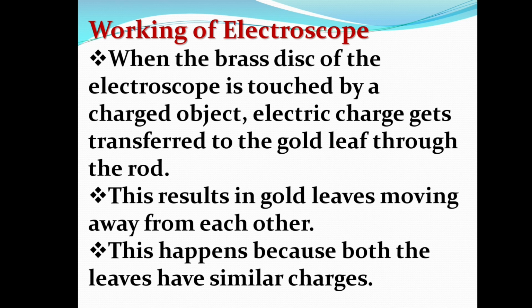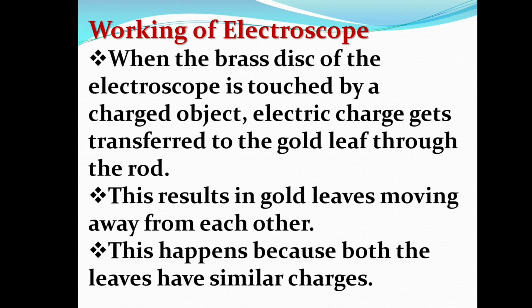So what is the working of the electroscope? When a charged object is brought near the brass disc and the electroscope is touched by that charged object, the electric charges get transferred to the gold leaf through the brass rod.